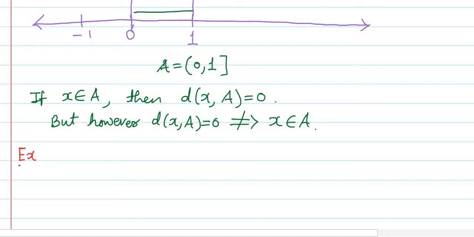Let A be the closed interval -2 to 1. Let B be the semi-open interval 0 to 3.